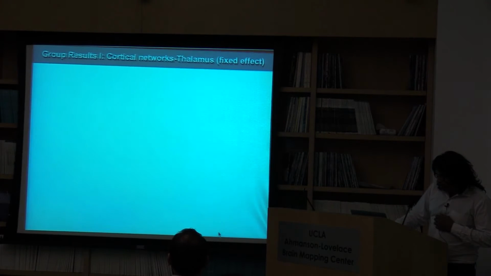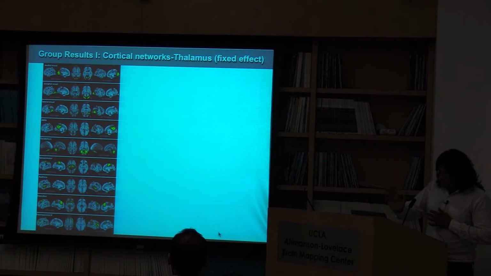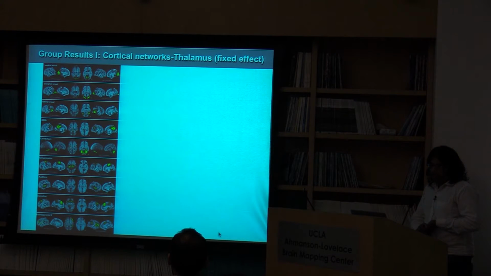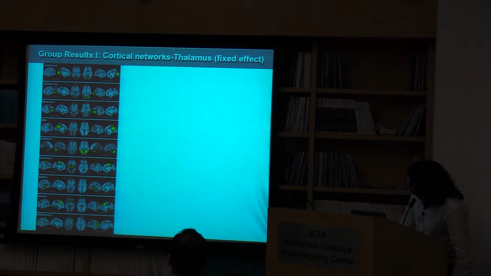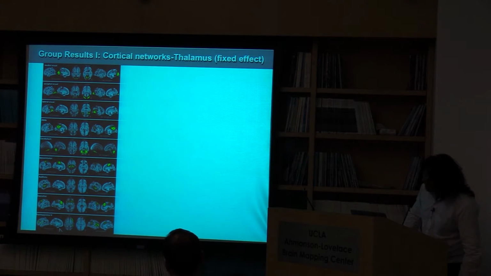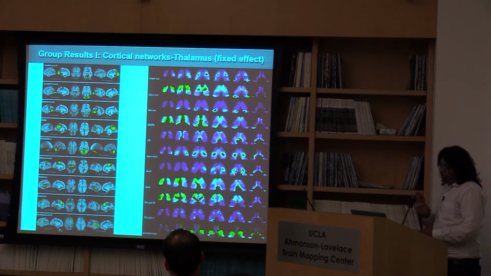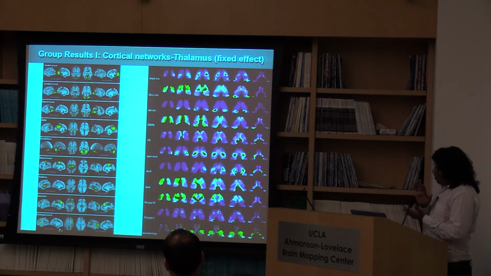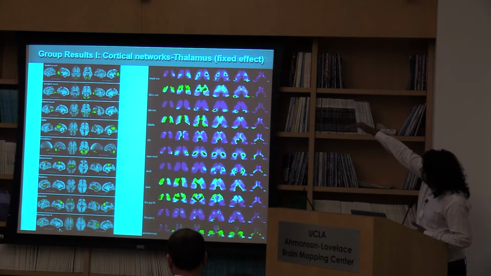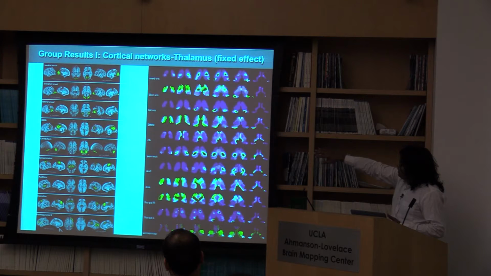And the results are shown here. On the left, you see different cortical functional networks as shown by Stephen Smith. So you have different functional networks here, for example, medial visual, occipital visual, lateral visual, default mode, cerebellum, and other networks. And on the right side, you see the fixed effect map of each cortical functional network in the thalamus, depicted in 6 different axial slices.